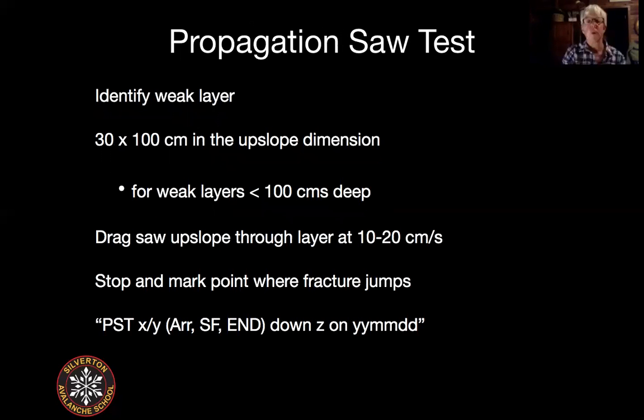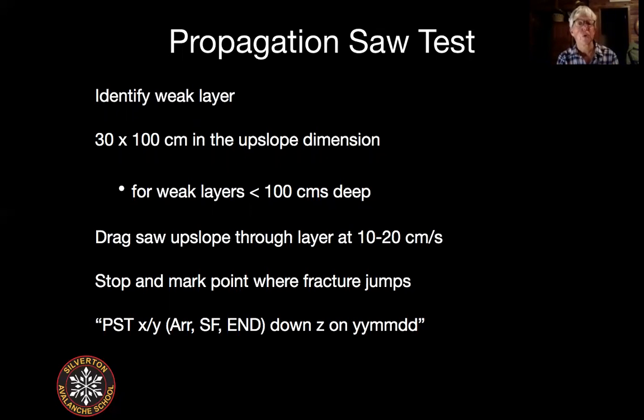Propagation saw test. One of the challenges sometimes with the propagation saw test is finding the correct layer. If you don't have a lot of indications of what is the weak layer in your snowpack, then the propagation saw test can be challenging because you might not pick the right interface.